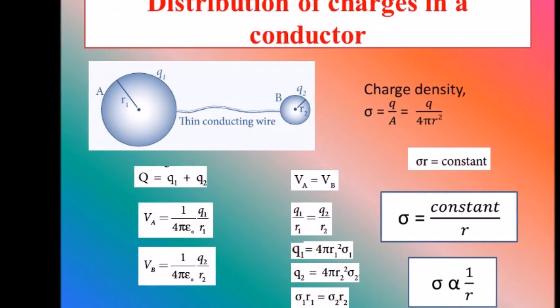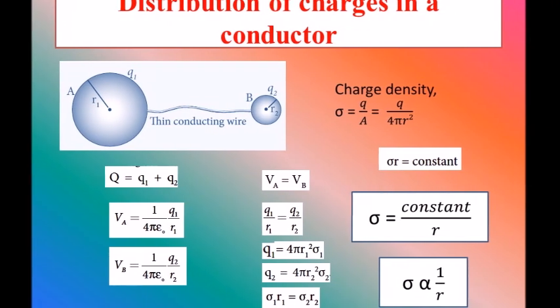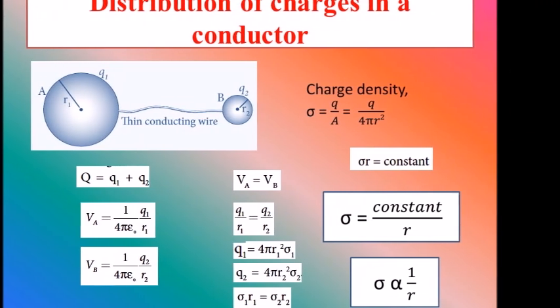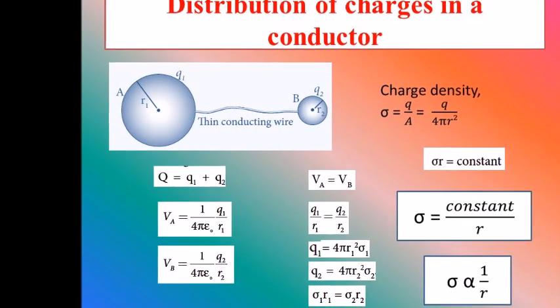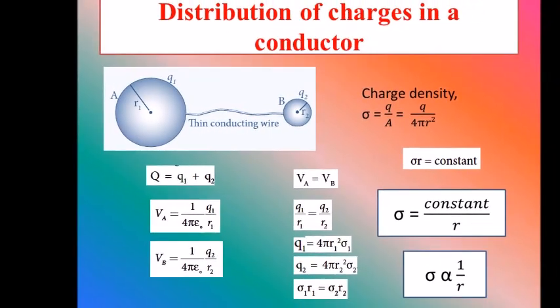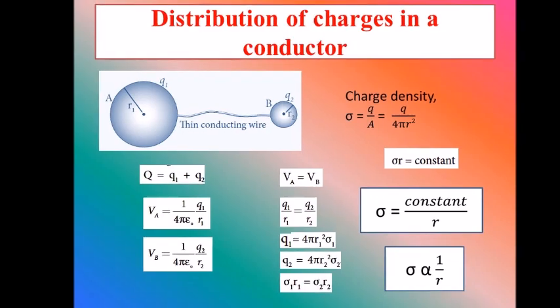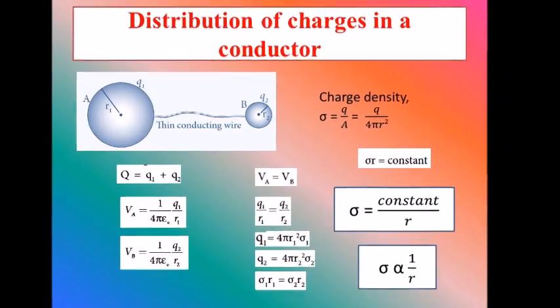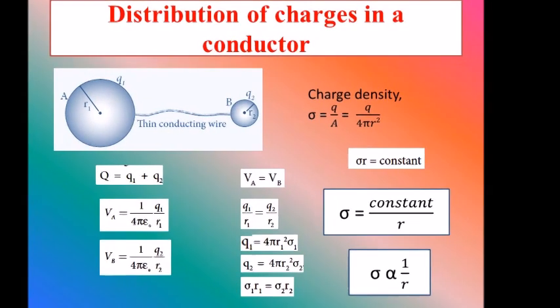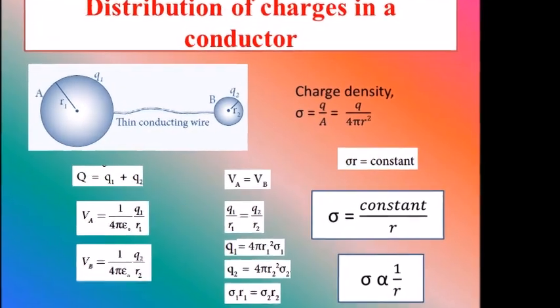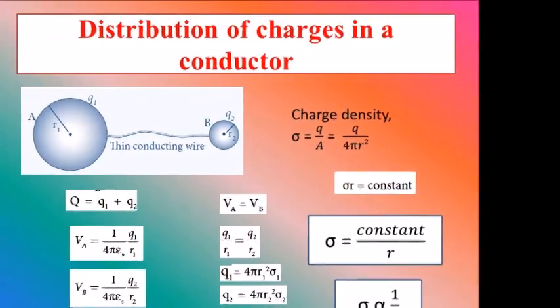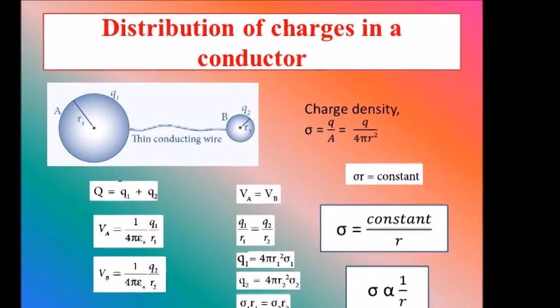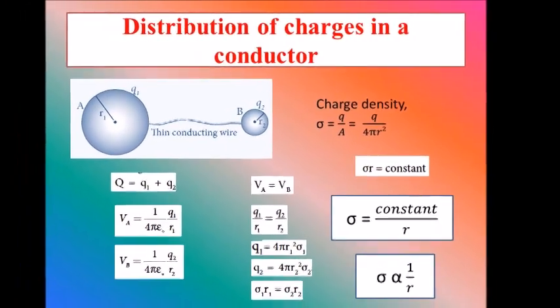Let the charge density on the surface of A be sigma 1, and the charge density on the surface of sphere B be sigma 2. It implies that Q1 equals 4 pi R1 square sigma 1, and Q2 equals 4 pi R2 square sigma 2.